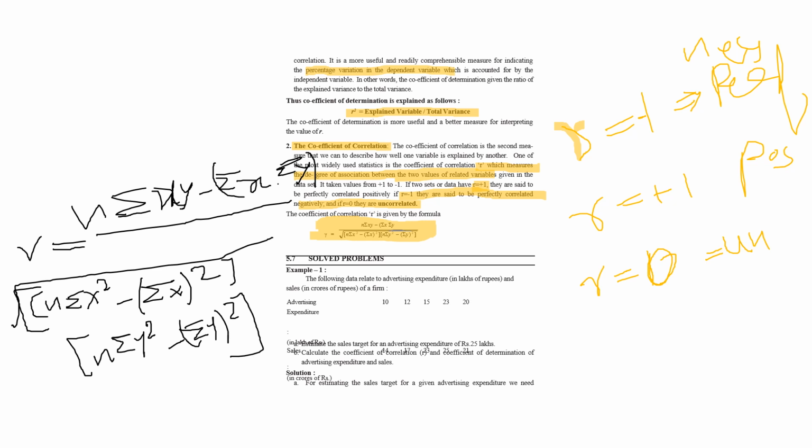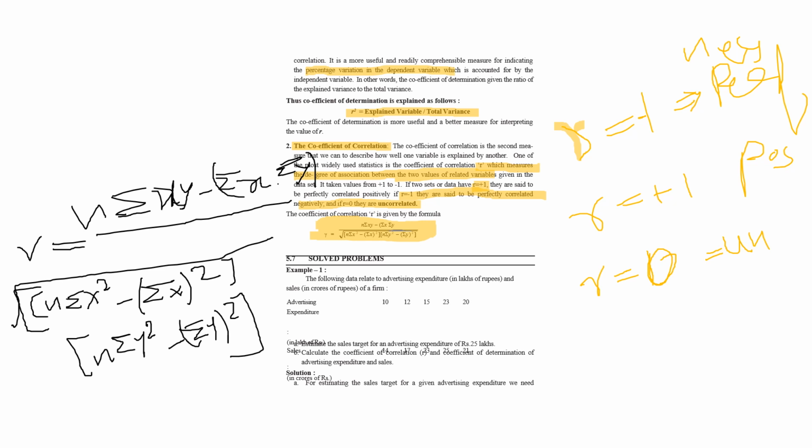Then they have given one problem. The following data relate to the advertising expenditure: 10 12 15 23 20, and the sales target is given as 25 lakh. Calculate the coefficient of correlation r and the coefficient of determination of the advertising expenditure and sales.